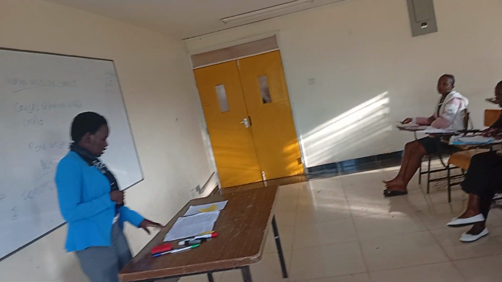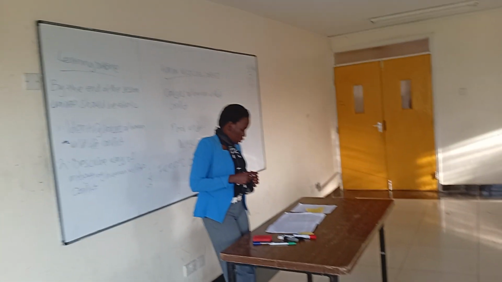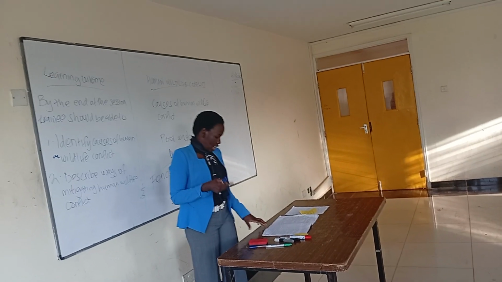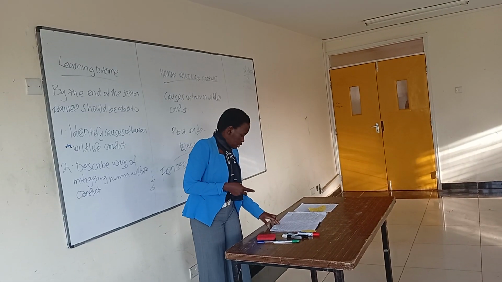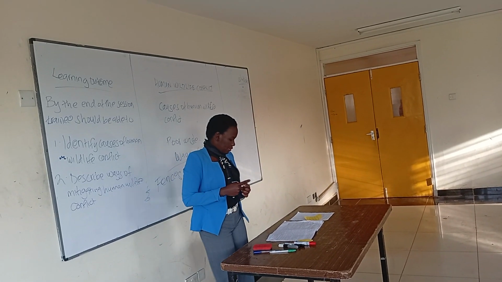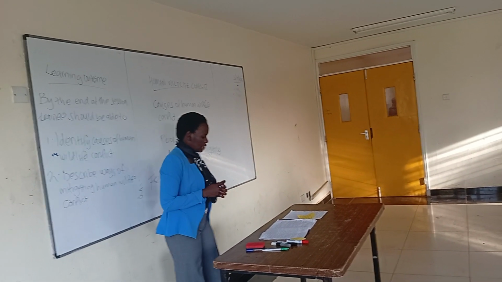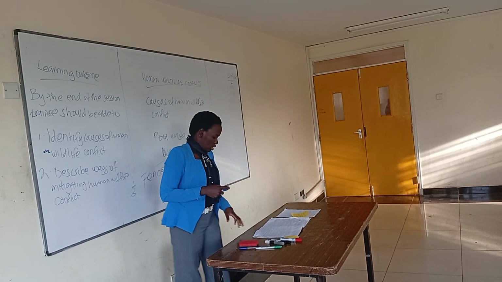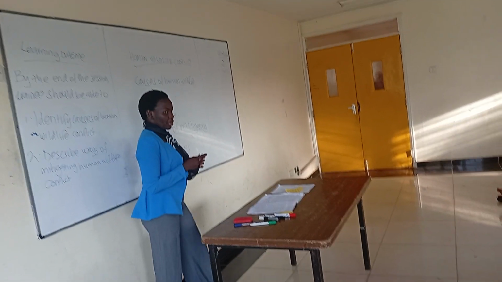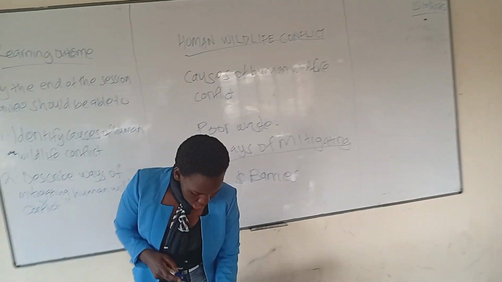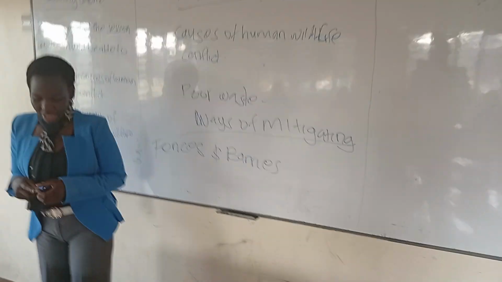We also have proper waste management. This is storing and disposing of food and waste properly, because you know that waste attracts some animals, right? We also have awareness campaigns. This is just educating locals about wildlife behavior, safe practices, and conflict prevention. We also have animal corridors. These are natural pathways that the animals can use to connect them to different habitats.